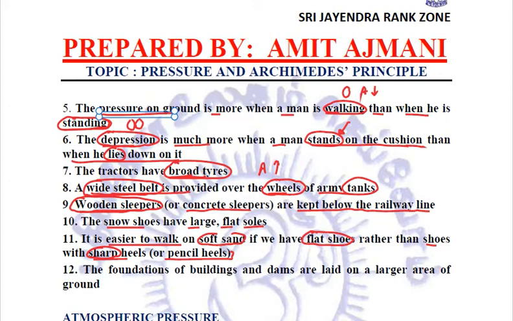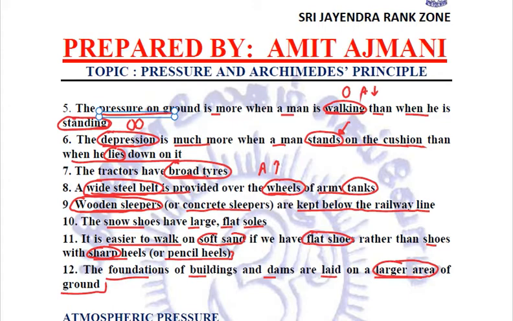Got it? The next observation is, the foundations of buildings and dams are laid on a large area of ground. Why so? Why are we increasing the area? Just in order to reduce the pressure which will be exerted by the building or the dam that will be built on this foundation.